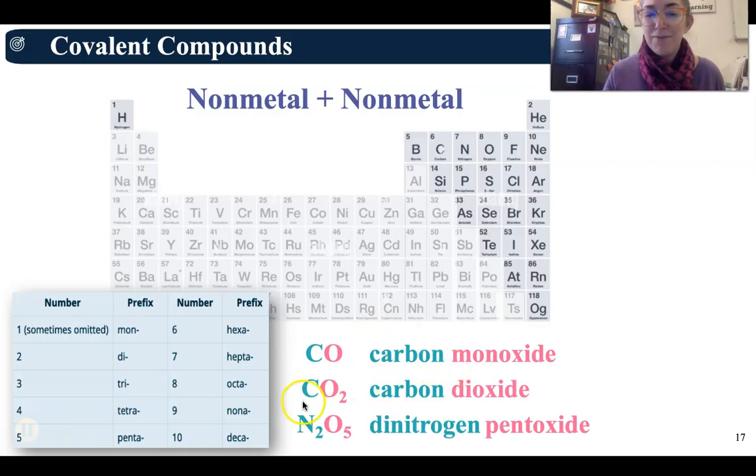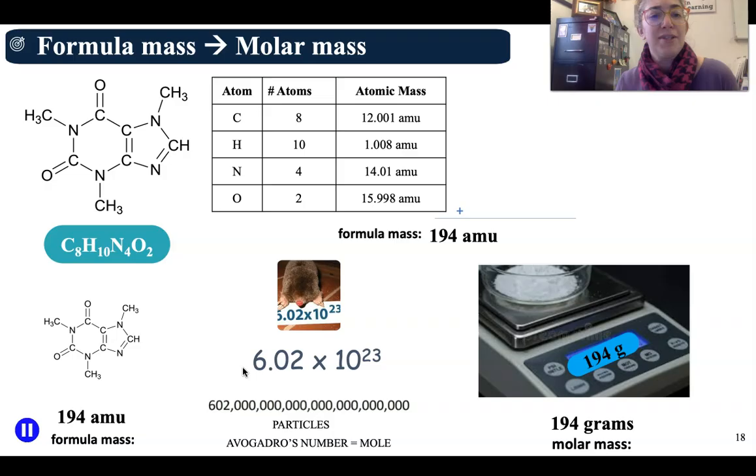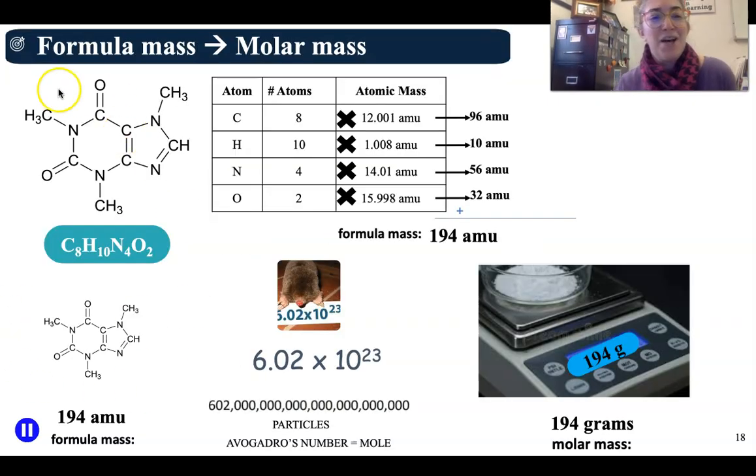So if there was 1 nitrogen, it would just be nitrogen pentoxide, not mononitrogen pentoxide. The prefix mono we only use on the second element, but all the other prefixes we use either way.